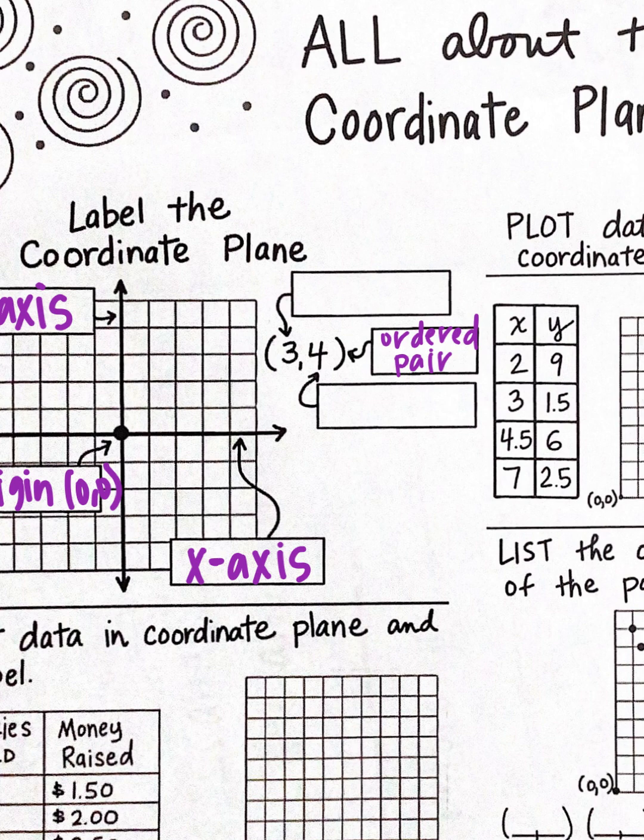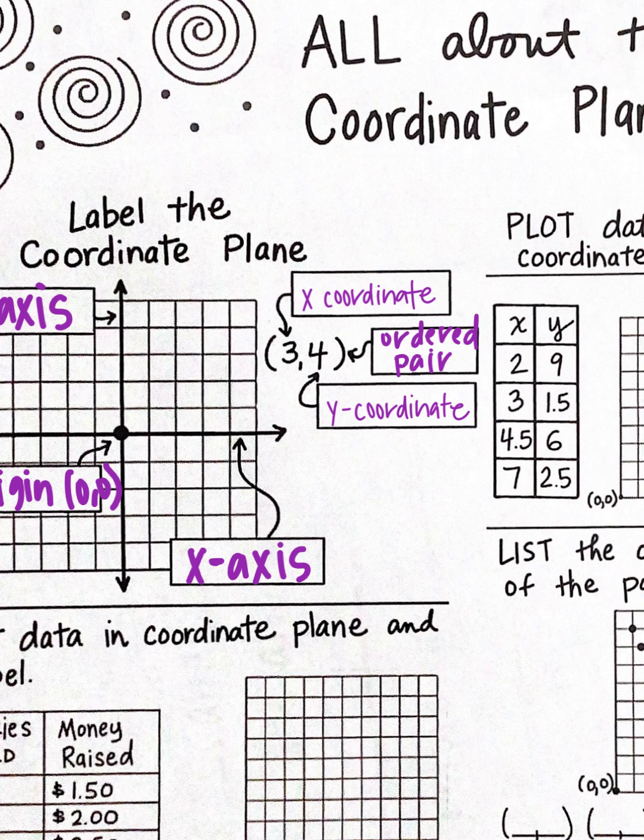If I put 4, 3, it would be different, because the first number in an ordered pair is telling me what my x coordinate is. The second number in an ordered pair is telling me what my y coordinate is. That way I know how to plot a point on a graph.